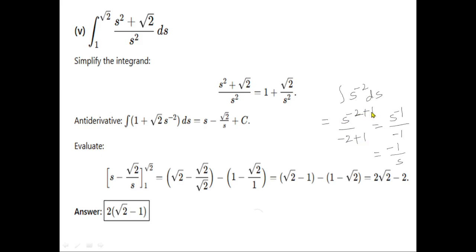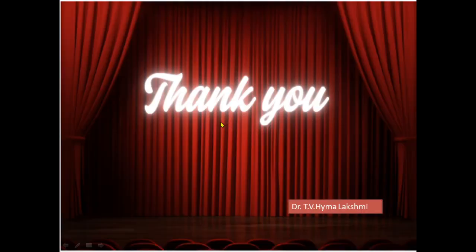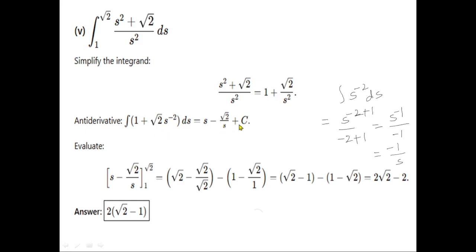This minus 2 plus 1, that is s power minus 1 by minus 1, that is minus 1 by s. So this integral of s square plus root 2 by s square equals s minus root 2 by s plus constant. Then you have to apply these limits 1 and root 2.